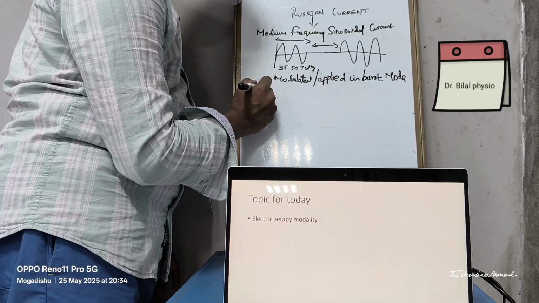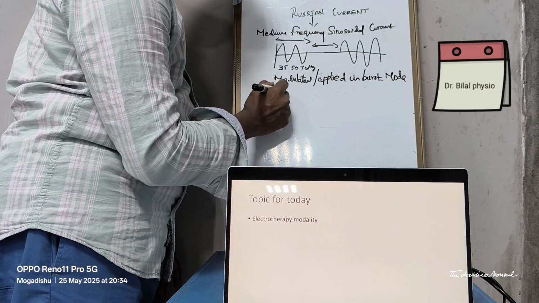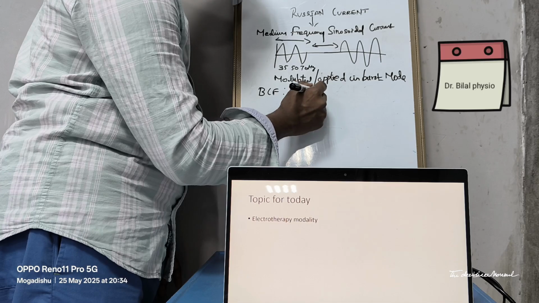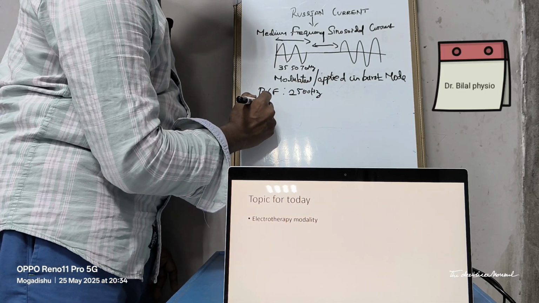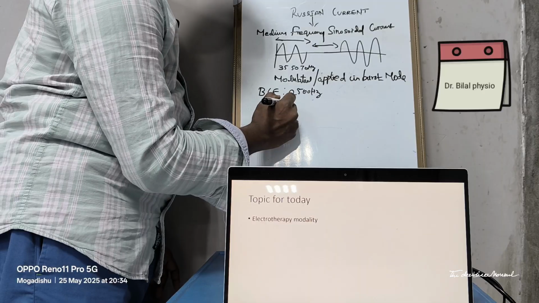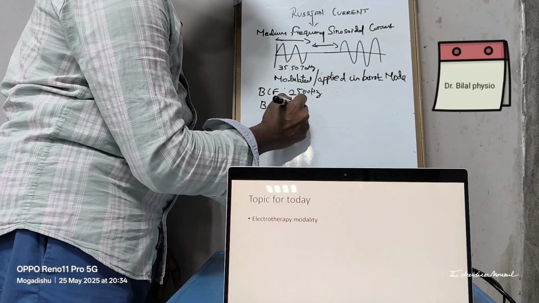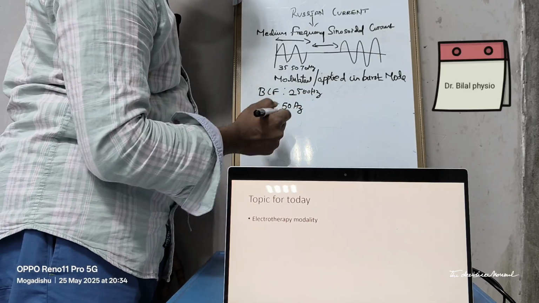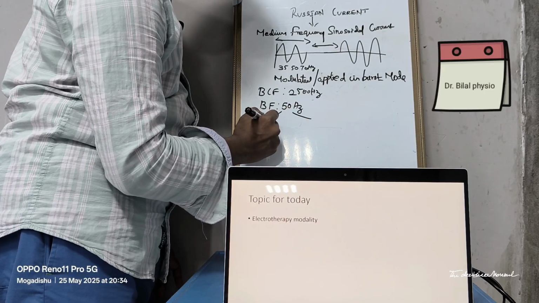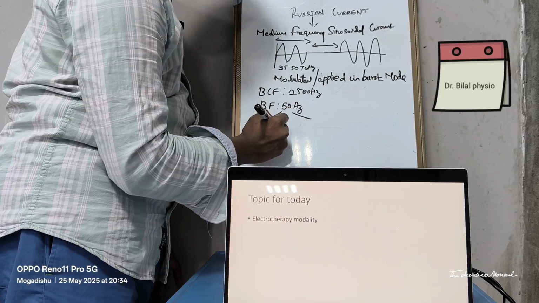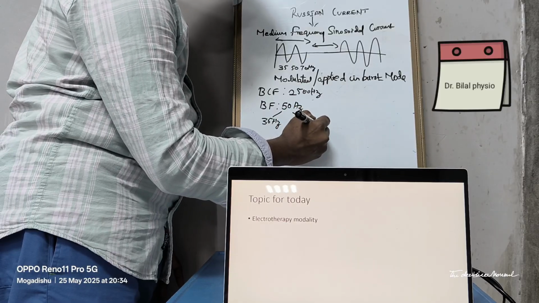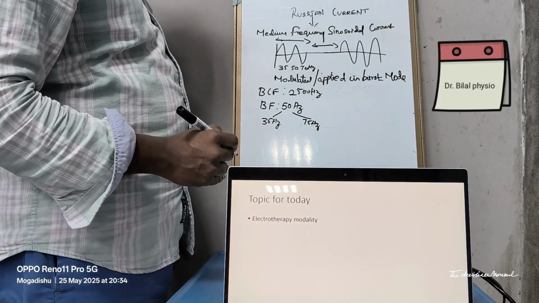It has a basic carrier frequency of 2500 hertz, which we already discussed, with a burst frequency of basically 50 hertz as the minimum range. Below that we can also use, or above the range we can also use, based on the clinical condition, which we will discuss later in this video.